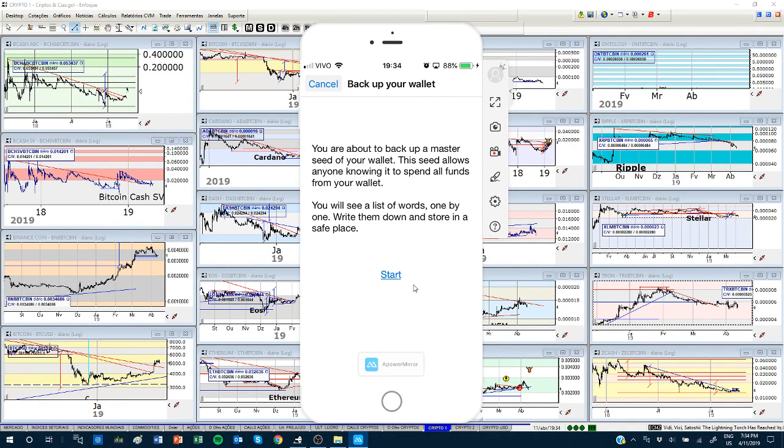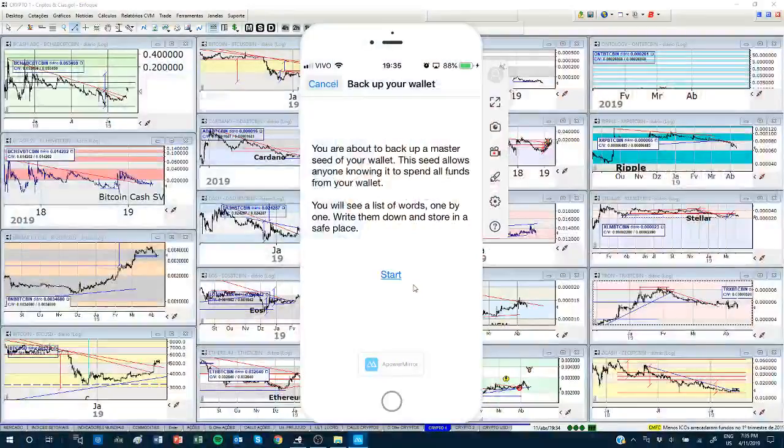So the point is, if I'm able to simply delete Mycelium from my smartphone, I turn my seed into a cold wallet. As simple as that. But in order to be able to delete your Mycelium, you have to have the safety of knowing that your 12 words are well kept.